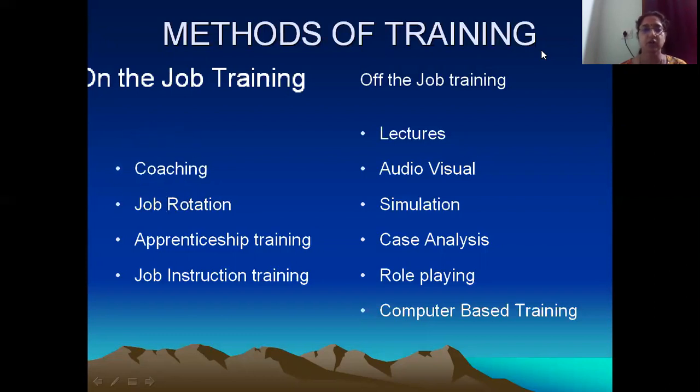What we understand by coaching is, in the company, an experienced employee or the person who's in the supervisory position demonstrates how to do the job to the new employee or to his juniors. As they are demonstrating, they keep giving instructions like this is how it has to be done, this is how you should not do, these are the safety measures that you have to take.